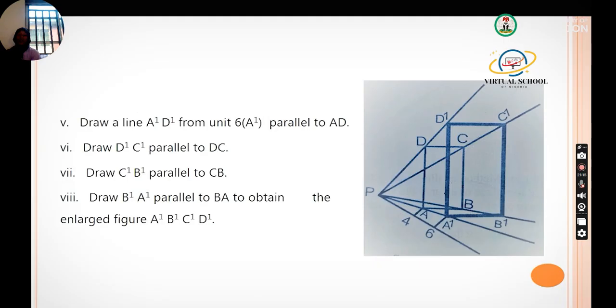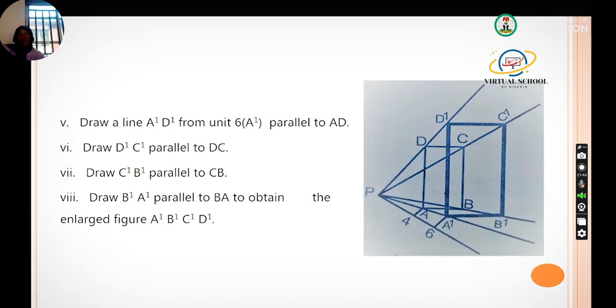Now, after drawing a line A1, D1, parallel to AD. Most of all your points will be parallel to the roots where they are coming from. So A1, D1 is parallel to A, D. And if you look at it, C is parallel to C1, B is parallel to B1.